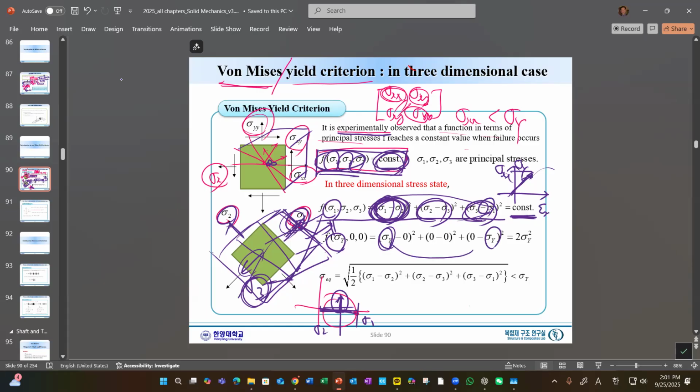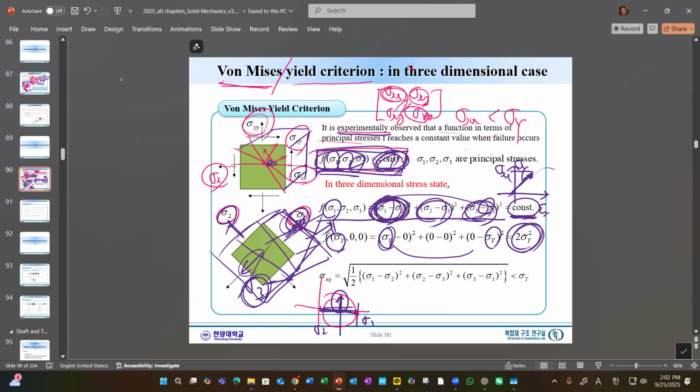And then we come up with 2 times sigma y squared. This constant was unknown, but now we can see that this is twice sigma y squared because they observed that this is a constant. So the constant can be simply obtained from a one-dimensional stress test experiment.